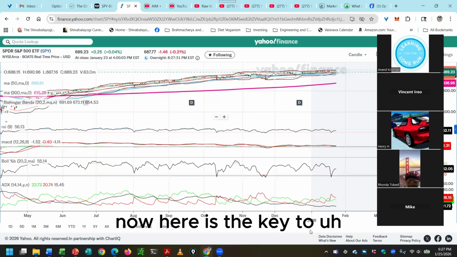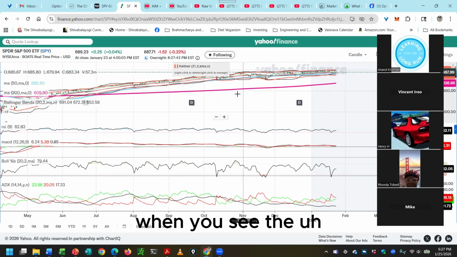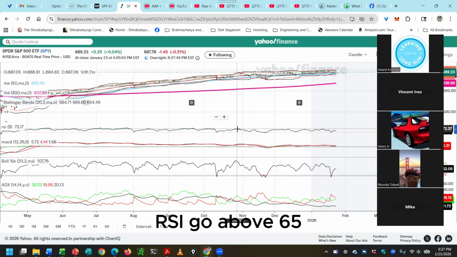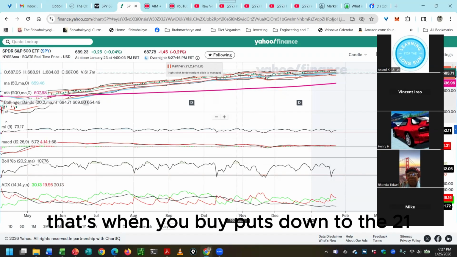Now, here is the key to trading the situation once it starts to go below 20. When you see the RSI go above 65 and you see the Bollinger percent go above 90, that's when you buy puts down to the 21.